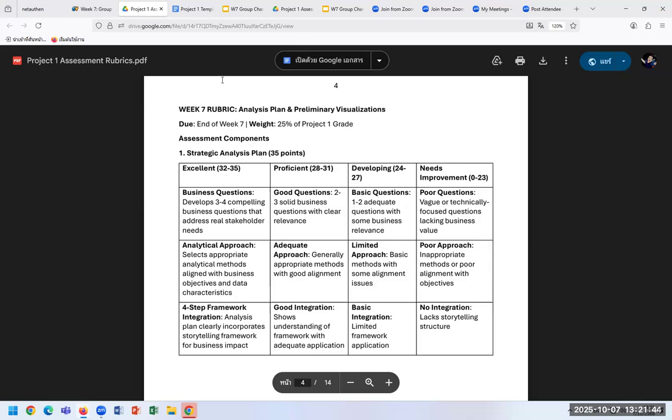And how did you make the charts to visualize your findings? And how did you use AI to interpret those charts or findings as well? Okay, this is the strategy analysis plan. I have 35 points for this week.